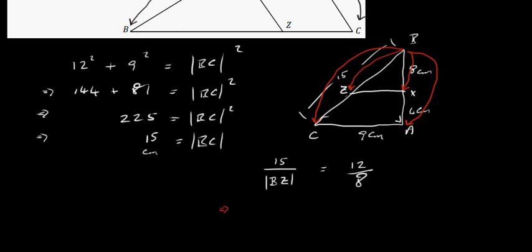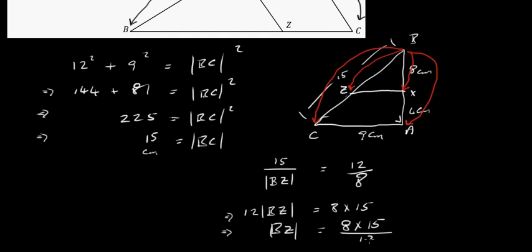So we're going to do 12 times BZ, distance BZ is going to be 8 times 15. So BZ here is just equal to 8 times 15 divided by 12. When you do that, you get 10 centimeters. So BZ is equal to 10 centimeters.